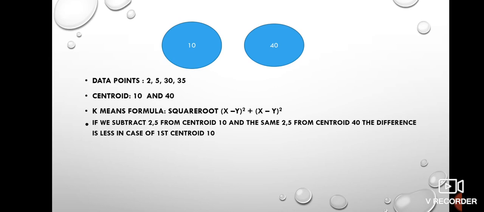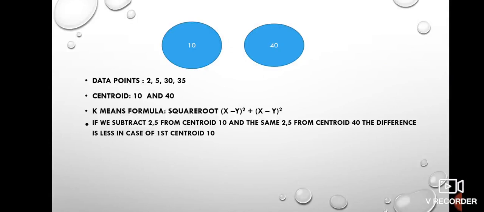But for the first two data points 2 and 5, if I see the second cluster 40, it is quite far away from the centroid point. You can see that 40 minus 2 gives you 38, which is a very large value in comparison to the first cluster, which gives me 8, and 40 minus 5 gives me 35, which is also quite a larger value in comparison to the first cluster, which gives me 5.